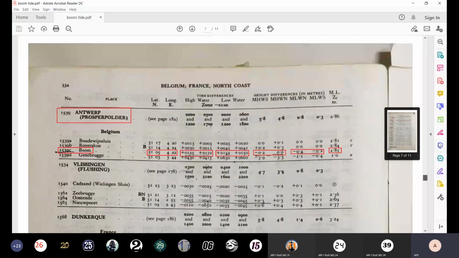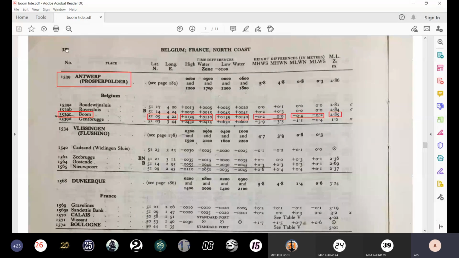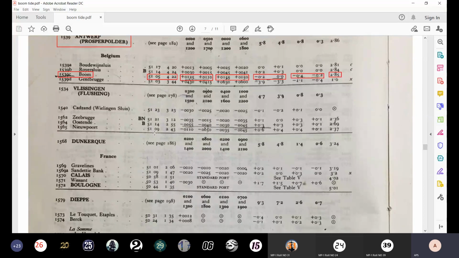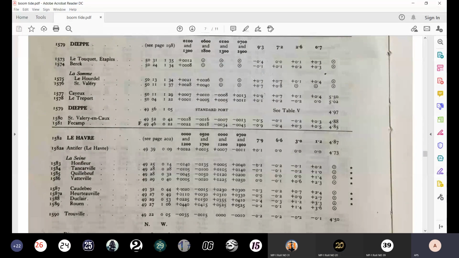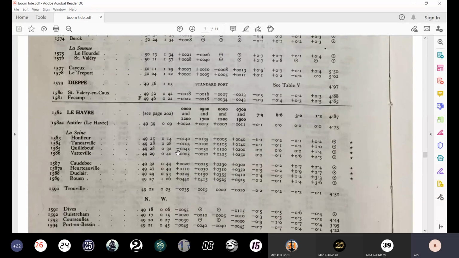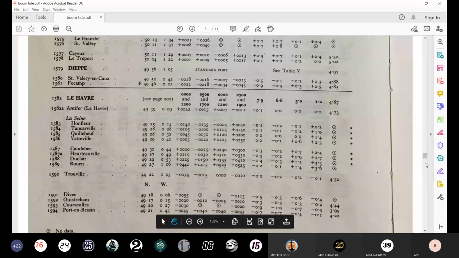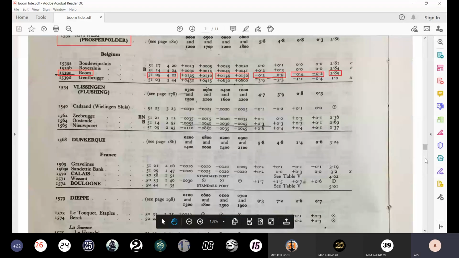Can you see the page after this, 334, say 333 or 335? Just see at the bottom, some seasonal corrections are given. Yes, sir. So for that port number, you can pick up the seasonal correction for February. See, you'll get 0.0 for Antwerp. That page is not here.